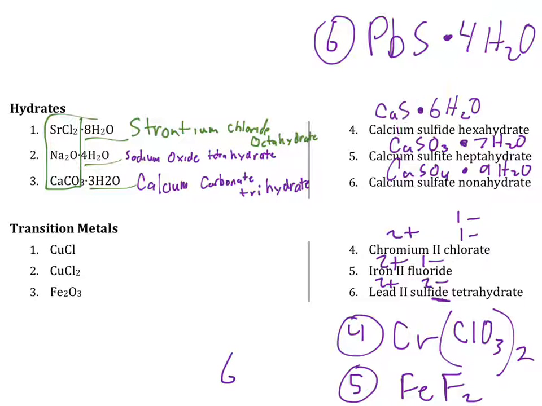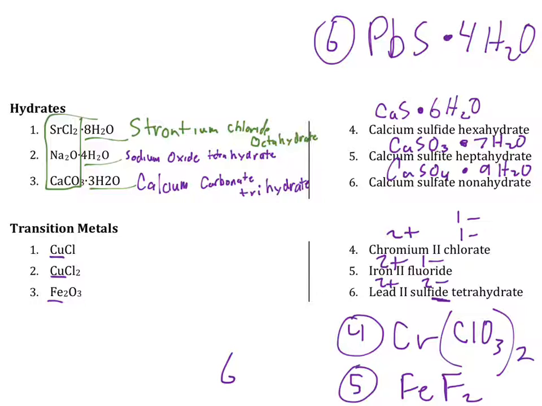Okay, let's go ahead and go backwards now. What you need to recognize is copper is a transition metal, and iron's a transition metal as well. So what that means is you need to say what the charges are, and this is how you think about it.